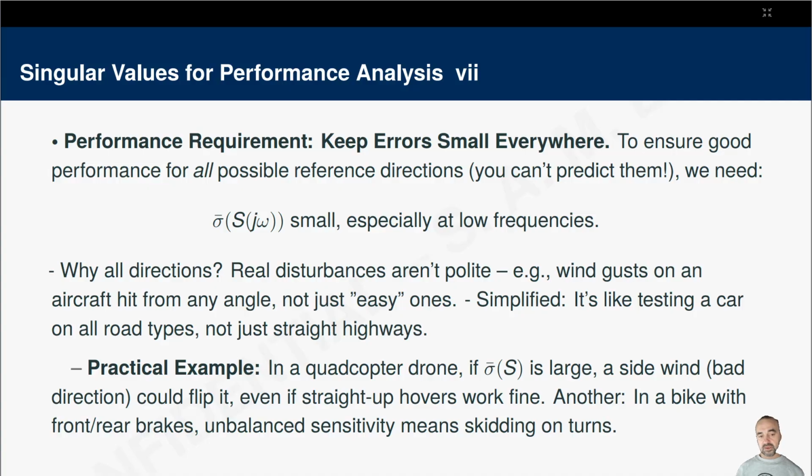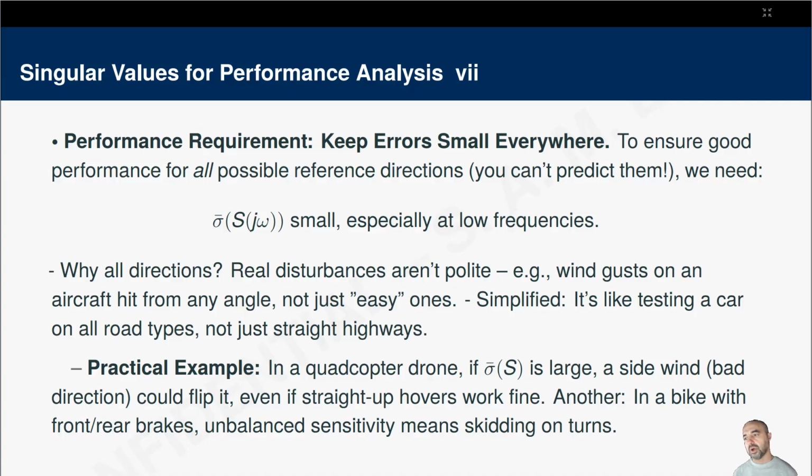Even if it hovers fine when pointed straight up, that doesn't mean it would work with a side wind. If you had designed the system with a large sigma bar, the side wind could easily flip it.